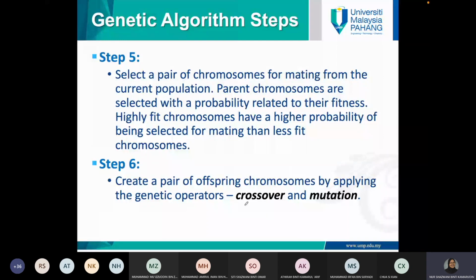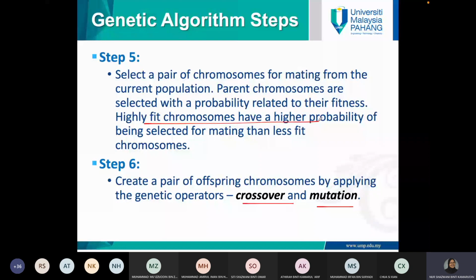After we select those 2 chromosomes, we do the crossover and mutations. But make sure to select the chromosomes with probability related to their fitness, which means highly fit chromosomes have a higher probability of being selected.